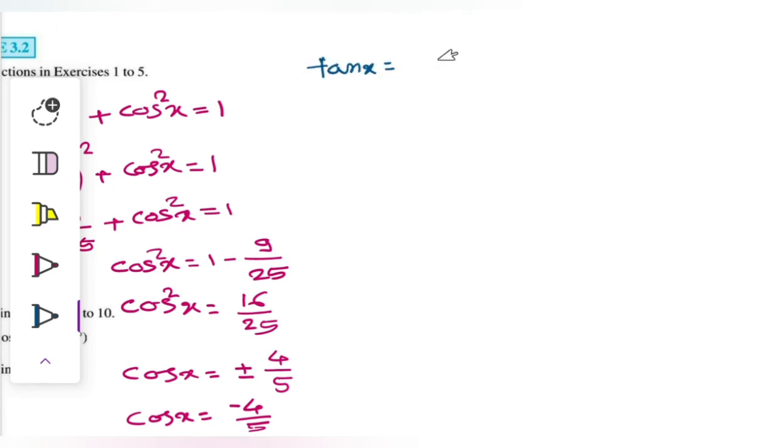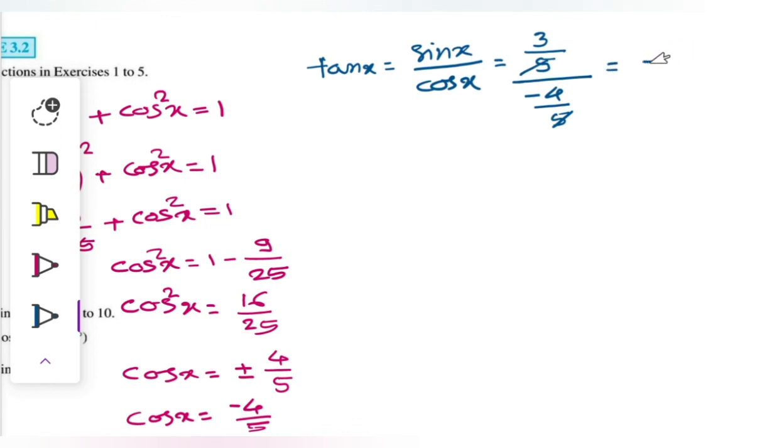Now tan x equals sin x by cos x. We have the value of sin x as 3 by 5, which is given, and the value of cos x we derived as minus 4 by 5. Here 5 and 5 cancel, and we get the value of tan x as minus 3 by 4.